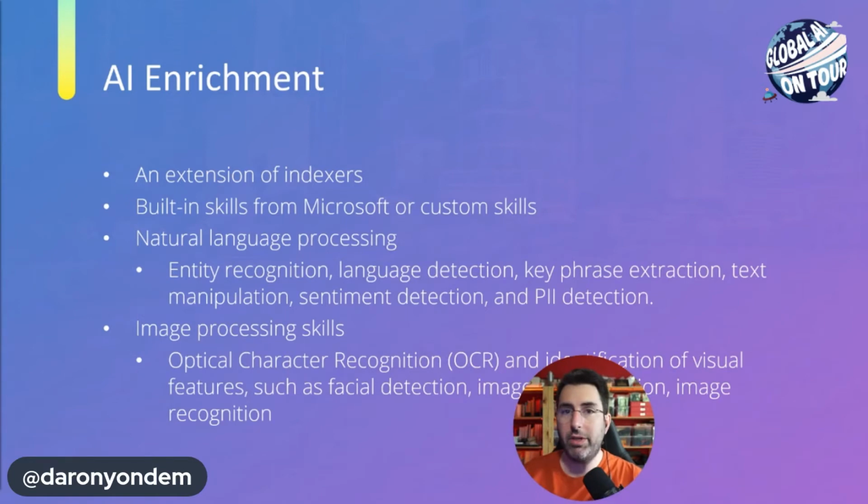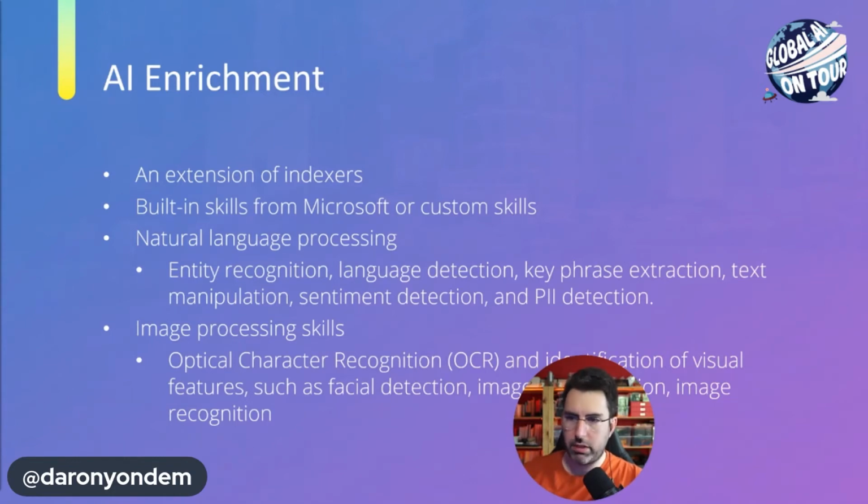You can definitely build a custom skill around it and incorporate that into the pipeline here. The two primary groups of skills that we have are first natural language processing, and again these are just highlights. We have two major categories. The capabilities that I'm going to go through are highlights, so they're not a full list.